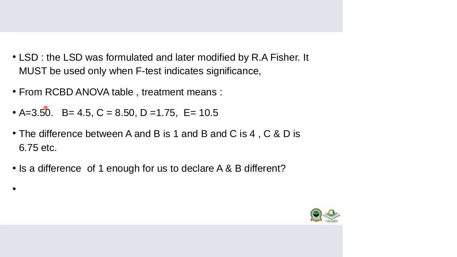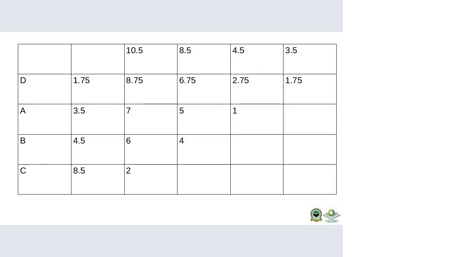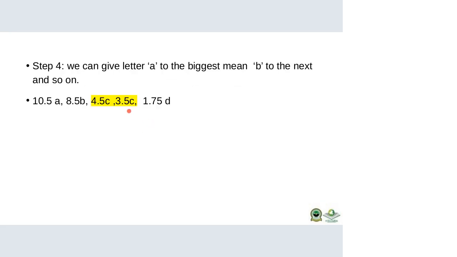They have equal strength, but E has higher strength than all of them, followed by what? C, followed by B. Okay, so that is how it's ranked. Now let's go back to the last thing we have.